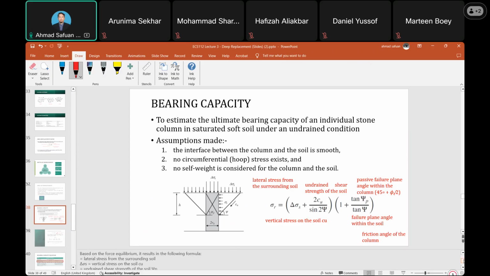Then we include the vertical stress on the soil, which is delta sigma s, the undrained shear strength of the soil, the passive failure plane angle within the column, and the failure plane angle within the soil, and the friction angle of the column.